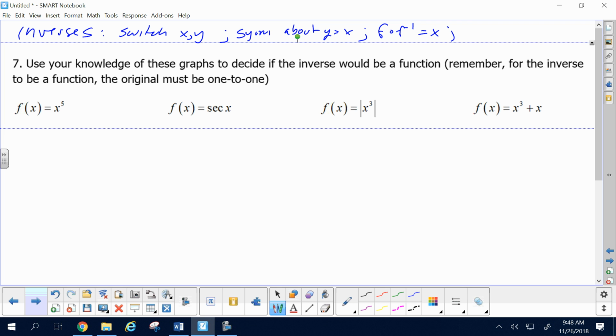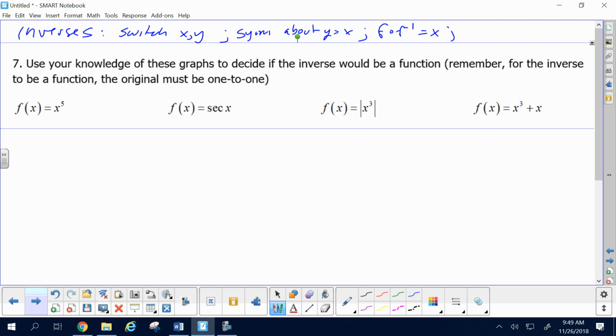One-to-one is just a way of saying for any x there's one y, there's never two y values for any one x value. That's not one-to-one. All right? So the end of the day, what you'll need for this problem is if the original is one-to-one, then the inverse will be a function. And if the original is not one-to-one or fails the horizontal line test, then the inverse is not a function.